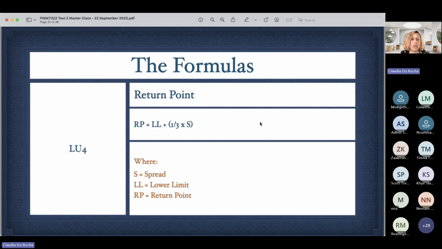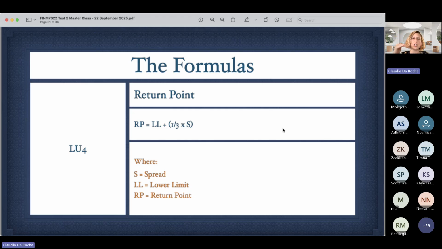So the formula for return point is your lower limit plus a third of the spread. The lower limit being the lower end of where your cash will land. So if you look in your textbook, and I'm not going to cover this in detail today because we've got to make sure we know everything else, there is a graph on page 135 of your textbook that actually shows you the lower point, the return point, and the upper limit.